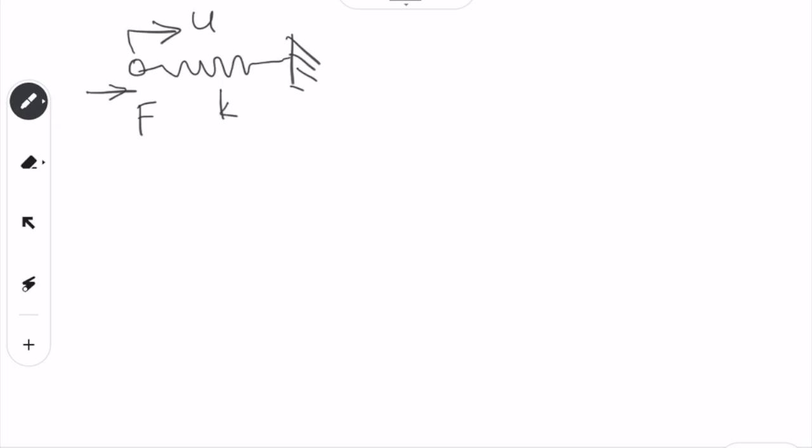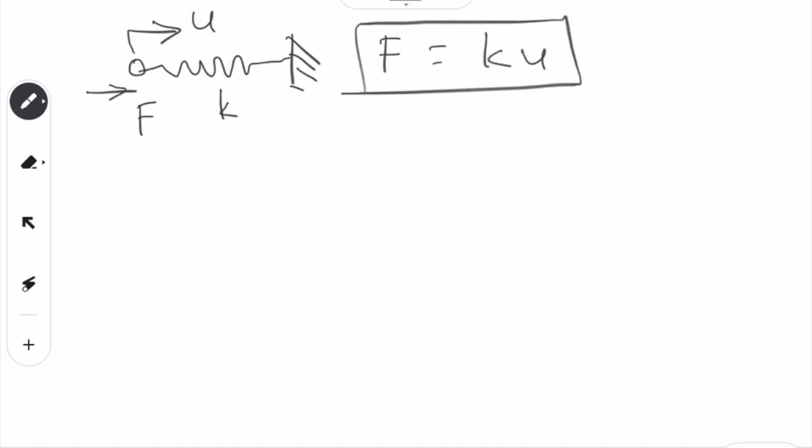What will be the equation in this case? In this case also the equation will be f equal to k times u, same as earlier. However, here f is a compressive force. It is under compression, it is going to compress the spring, so compressive force now.